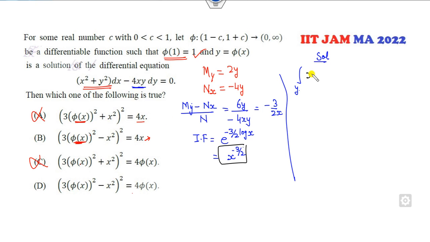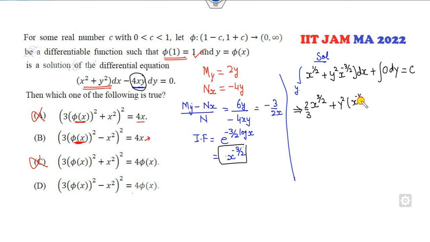So it will be x raised to power 1 over 2 plus y square x raised to power minus 3 over 2, into dx, plus if I multiply x raised to power minus 3 by 2 here, there is no term which involves only y, so this is my constant. So the integration of this is x raised to power 3 over 2 times 2 over 3. Y square is outside, it is x raised to power minus half, divided by minus half.